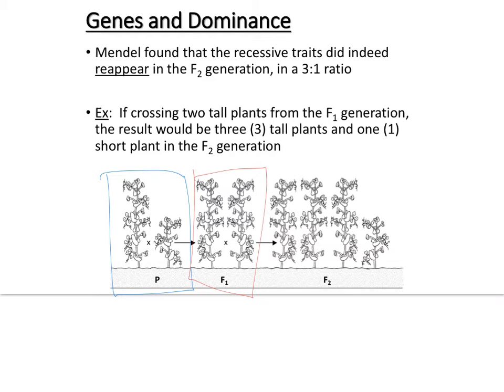What he saw is that in this third generation, or this second filial generation, the F2s, he got three tall plants for every one short plant that showed up. In other words, a 3-to-1 ratio. And this was evidence that the recessive trait could reappear in these offspring.